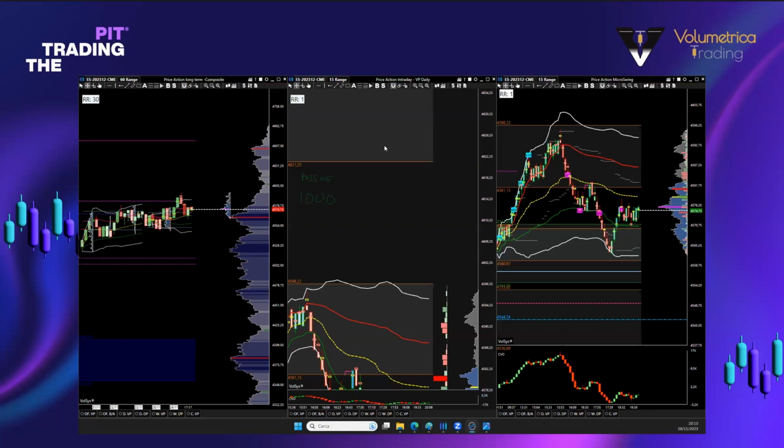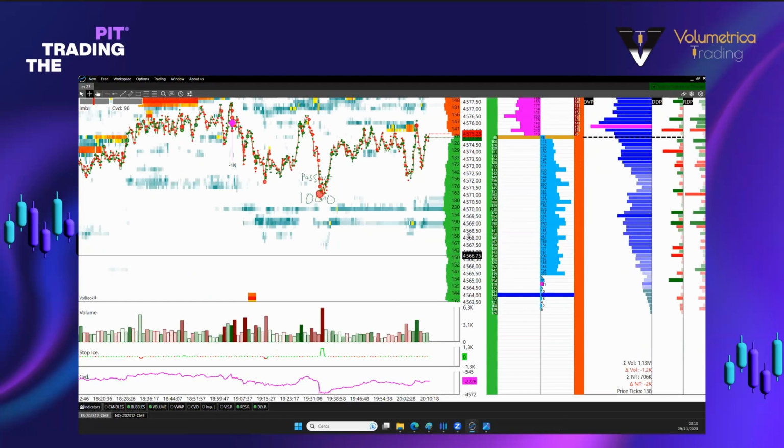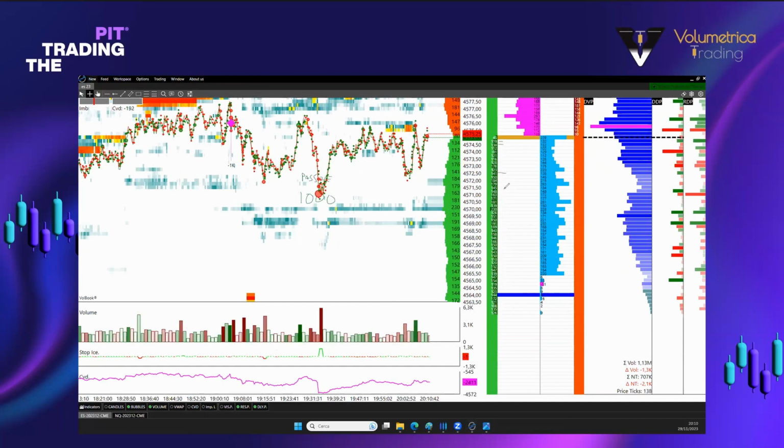Let's have a look at what the order book looks like right now on the S&P 500. We can see tick by tick we have an average of 100, 129, 140, 184, 230, but nothing comparable to 1,000, not even 800 or 900.